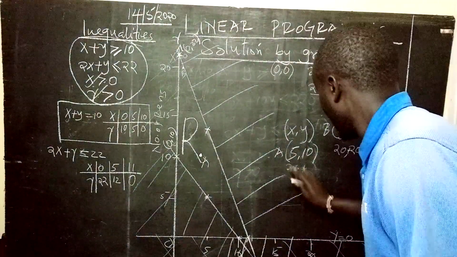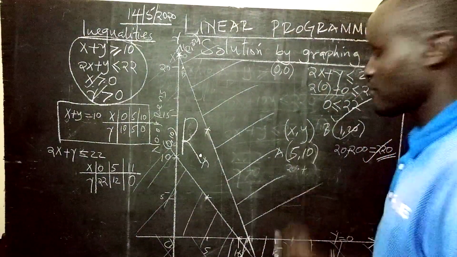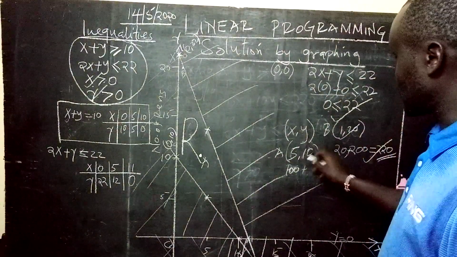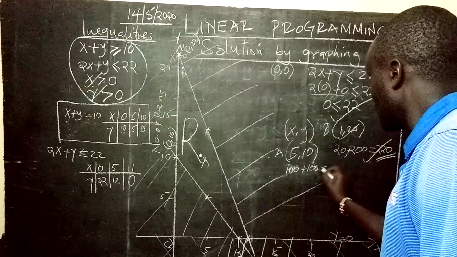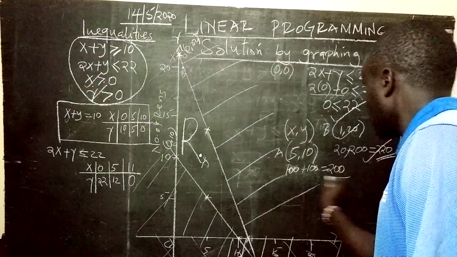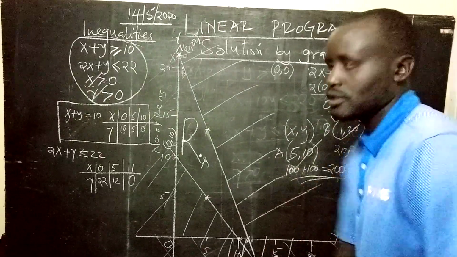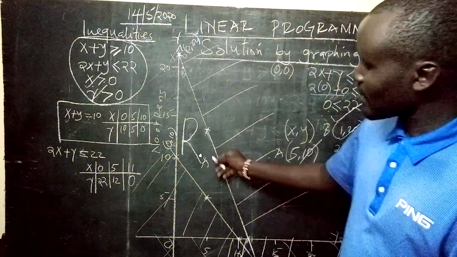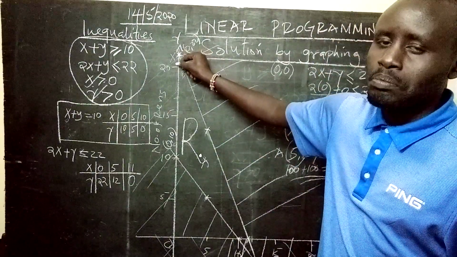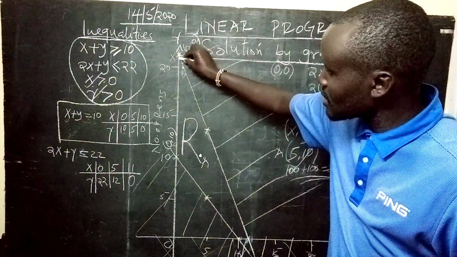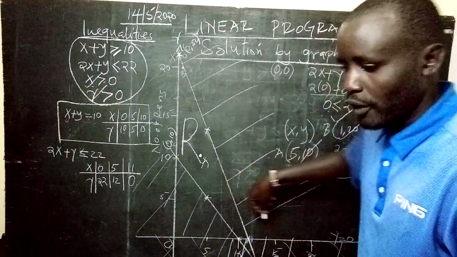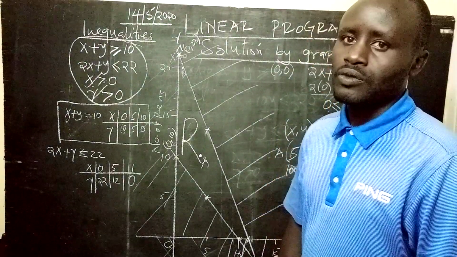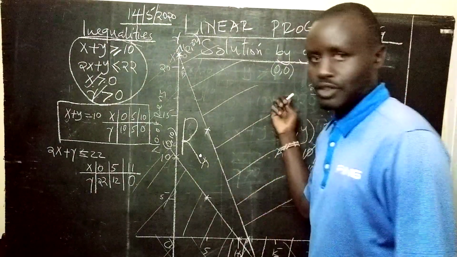So that we'll have 20 times 5, which is going to give us 100, plus 10 times 10, which is going to give us another 100, to give us 200 shillings. And that one also is going to give us that region. So we have so many possibilities. You can write as many coordinates as you want, as long as they lie within this region. And all of them are going to be possibilities of the items these students can buy.